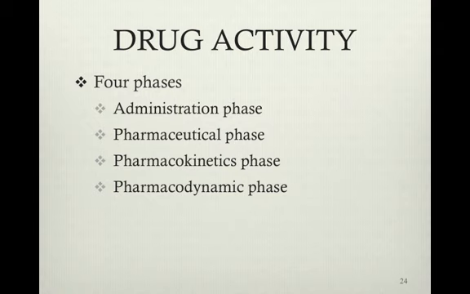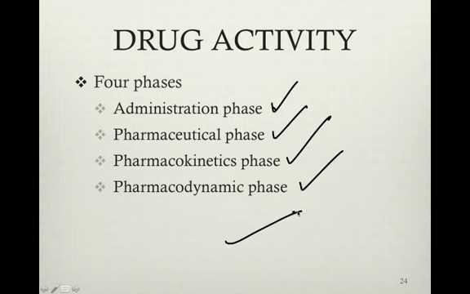Pharmacodynamic phase occurs whenever a drug binds to its receptor site. So this is, very simply, I'm going to administer it. This is made ready for absorption. This is onset, peak, and duration, and the elimination. And then this here is the physiological action that occurs, or the product, after it binds to its site.